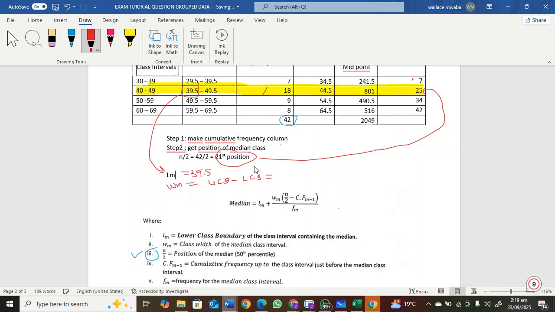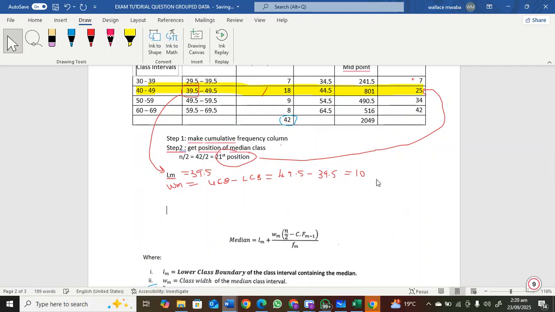So for our median class, the upper class boundary is 49.5 minus the lower class boundary 39.5. So our class width is 10.